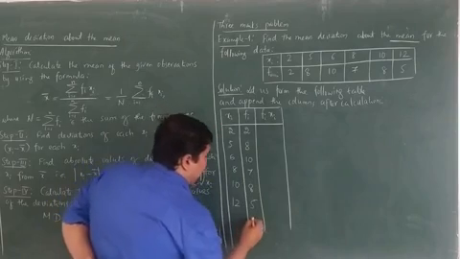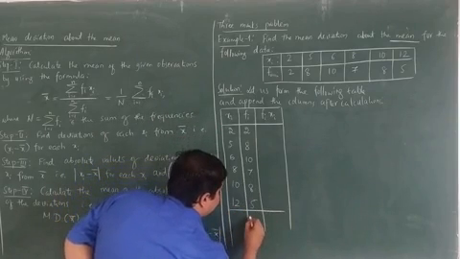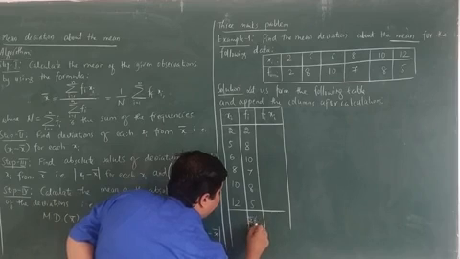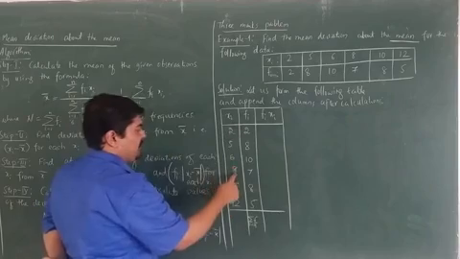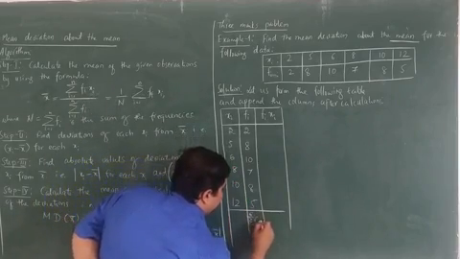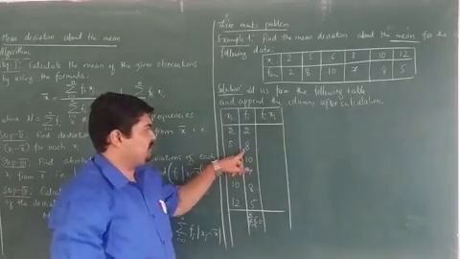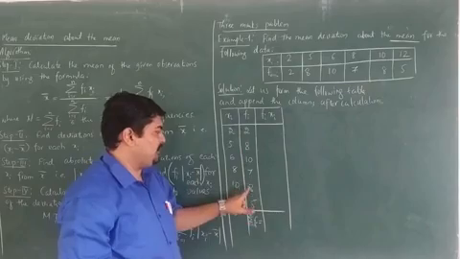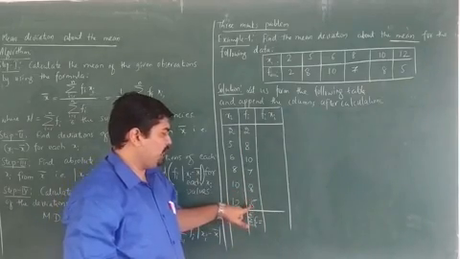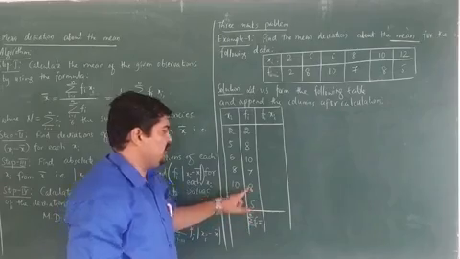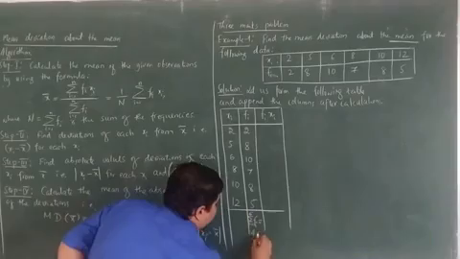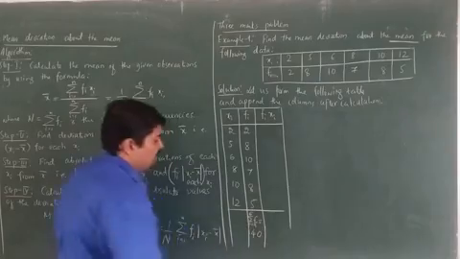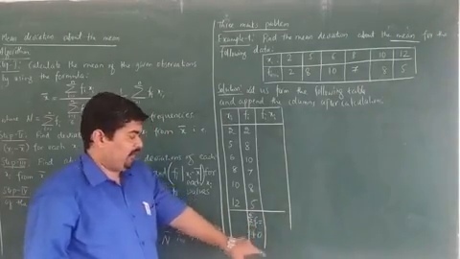Now I will add up all these frequencies, that is the summation of fi where i runs from 1 to how many data points are given here? 6 data points are given. Add up all these: 10 plus 10, 20, 27, 27 plus 5, 32, 32 plus 8, that is equal to 40. This is correct. This is the summation of the frequencies.